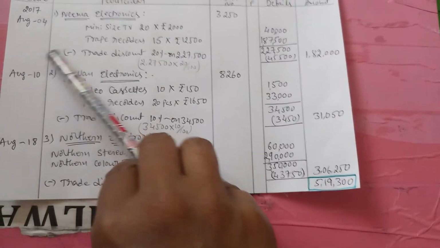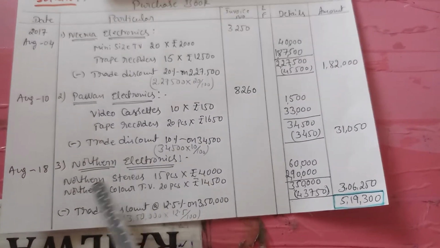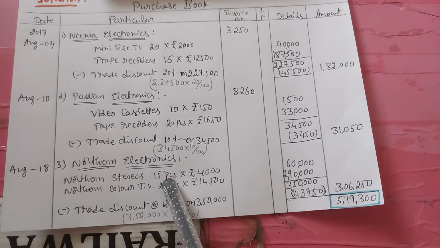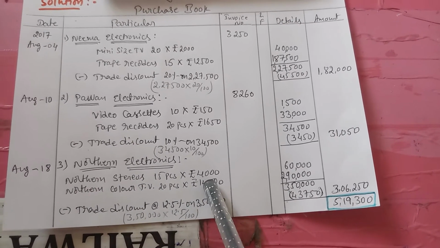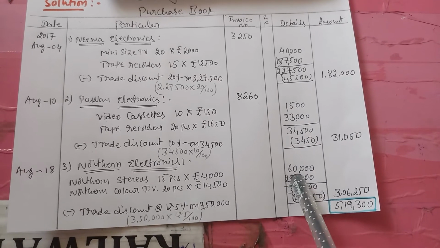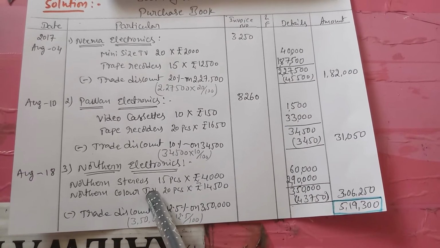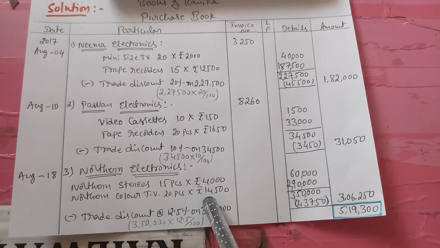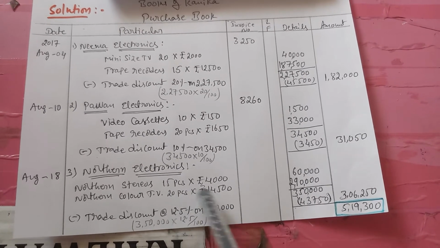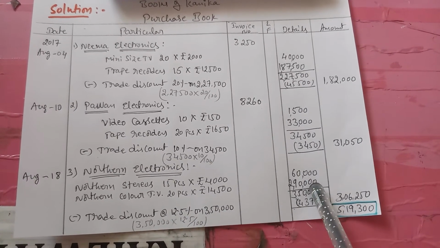See, in Norton Electronics we purchased Norton stereos, 15 pieces. Per piece 4,000, multiply and we get 60,000. Next, Norton color TVs, we purchased 20 pieces at 14,500. We multiply both and get 2,90,000.